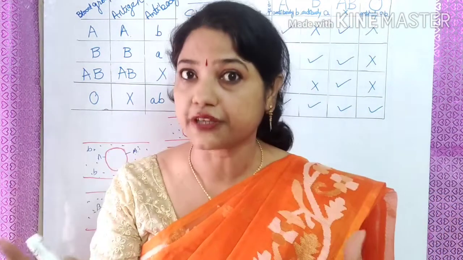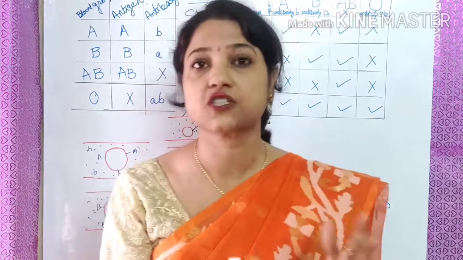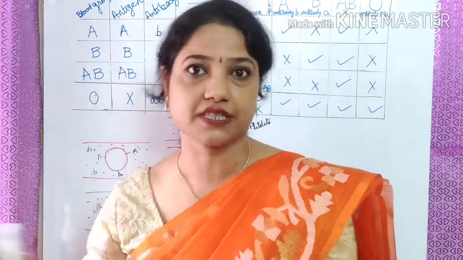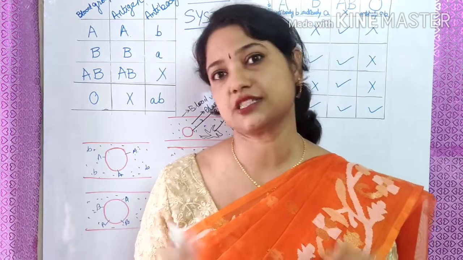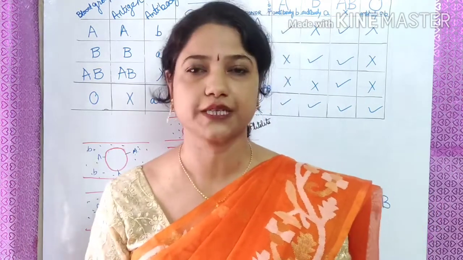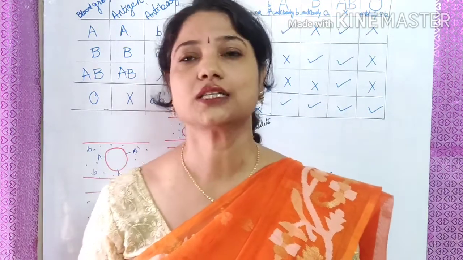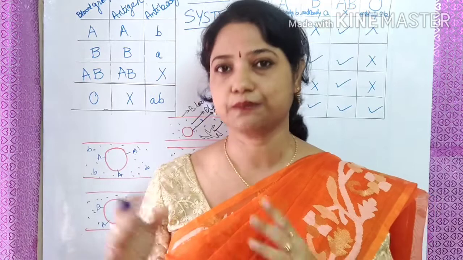It is tested for the donor and also for the recipient, and it is checked what the blood group of the donor and recipient is, and then only the blood is given to any person.